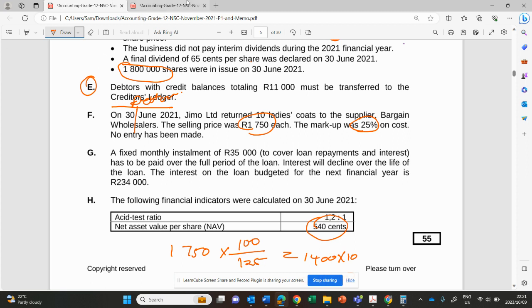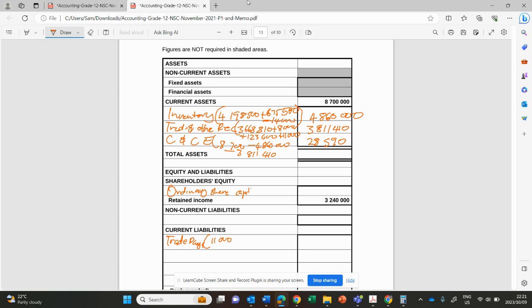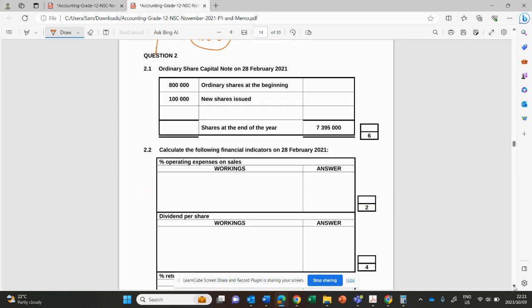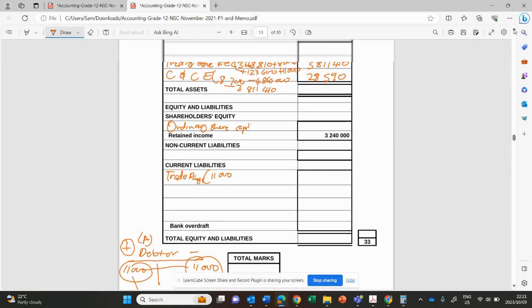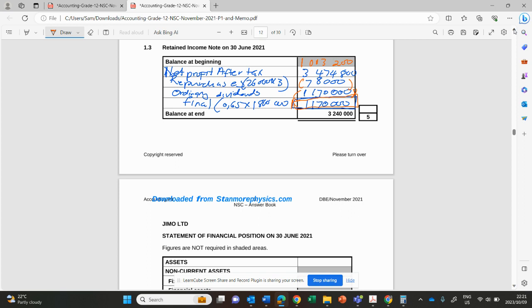So we need to go to the formula of the NAV. The net asset value is equal to the shareholders' equity divided by the number of shares at the end.